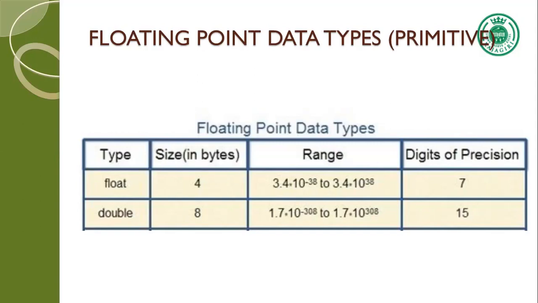If we want to have a mathematical calculation with very high precision, we would go for double rather than float, because double will give you a higher precision of up to 15 digits, whereas float would give you a precision of 7 digits.